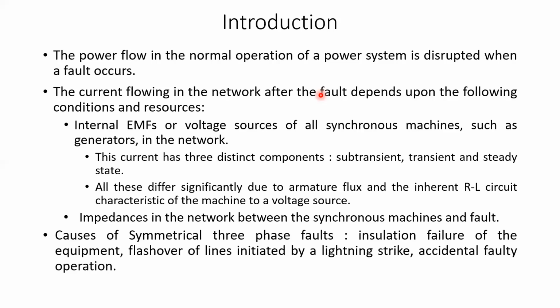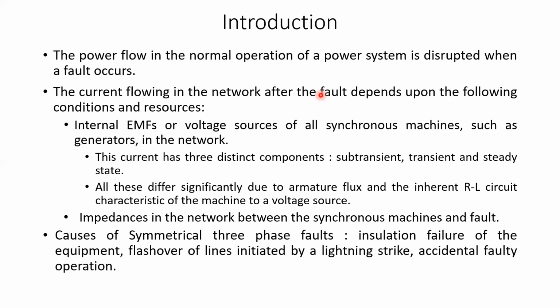We'll come to that later, how the subtransient current flows or what factors are involved in its flow. Then the current flowing a few cycles after the fault is called the transient current, and the sustained value of the current which flows after more cycles than that of the transient current is called the steady state value. The steady state value is always less than the subtransient and the transient values of the current.